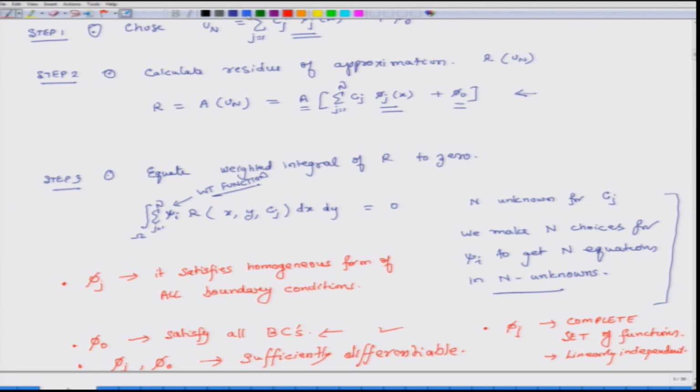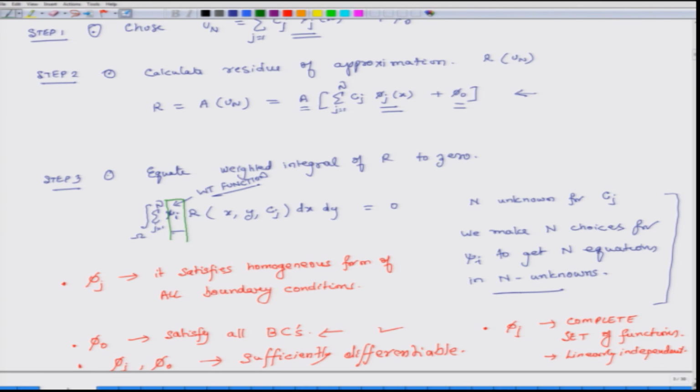So, we have done step 1, we choose a particular function for un, and calculate the residue. In the third step, we multiply it by a weight function and set the weighted integral of the residue to 0, but we do not weaken the differentiability, and we have discussed what type of phi j we should be picking up. Now, we will look at different types of weight functions.